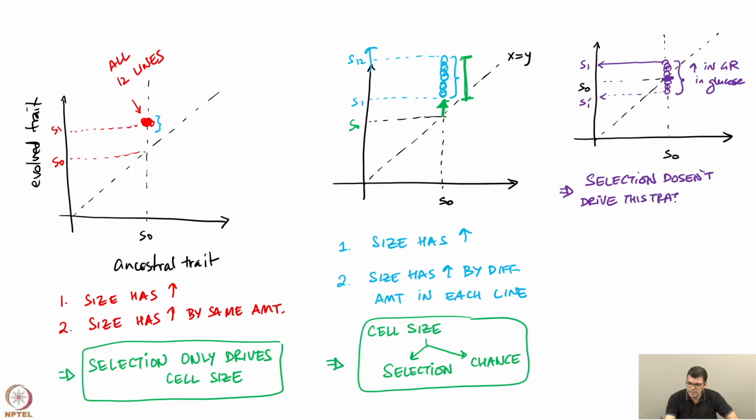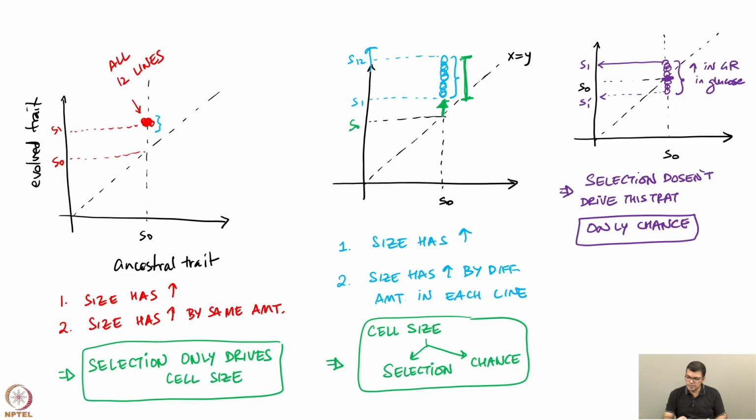What drives this trait is only chance. That is why while you are selecting for increased growth rate in glucose, this trait could increase or decrease. That is not a function of, necessarily a byproduct of, increase in growth rate in glucose.